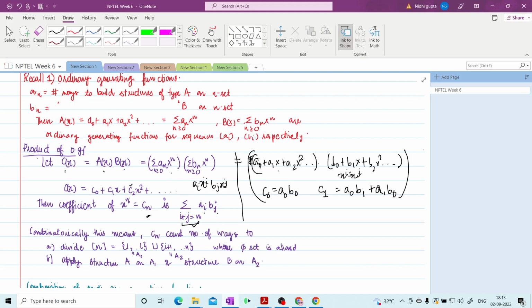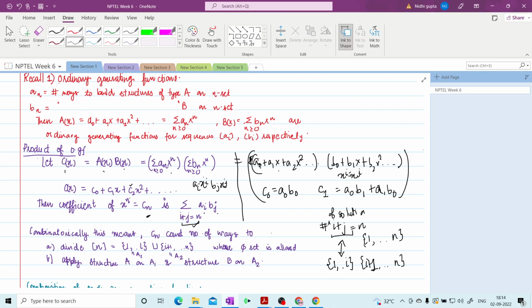If we have some base n-set, the number of solutions of i plus j equal to n is in one-to-one correspondence with dividing this n-set into two intervals of this type: 1 till i, and i plus 1 till n.